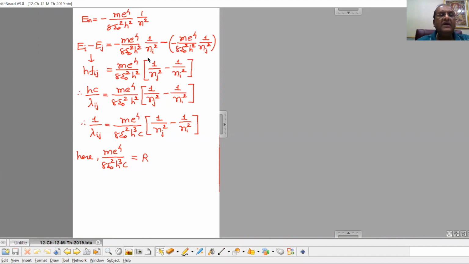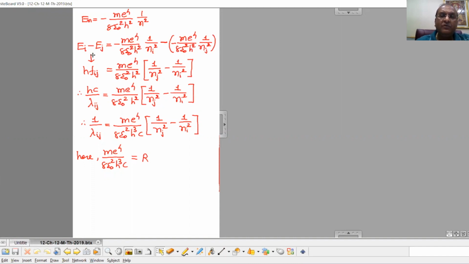Clear? And in jth orbit, Ej is minus me4 upon 8 epsilon 0 square h square into 1 upon nj square. So when the transition from ith to jth will take place, the difference of these two, that much energy will be emitted in the form of radiation. So this minus this. Clear?